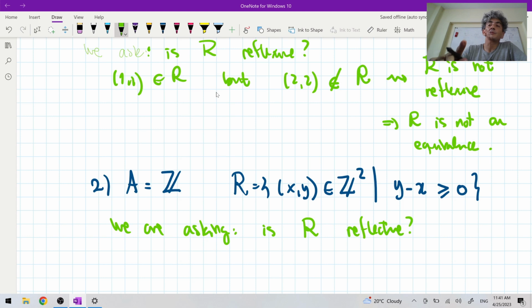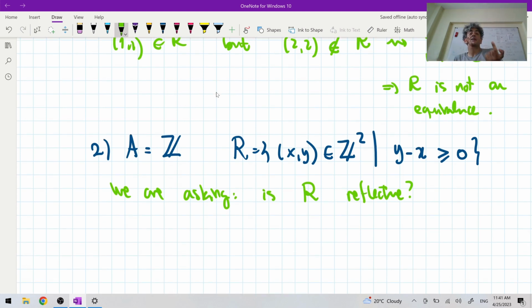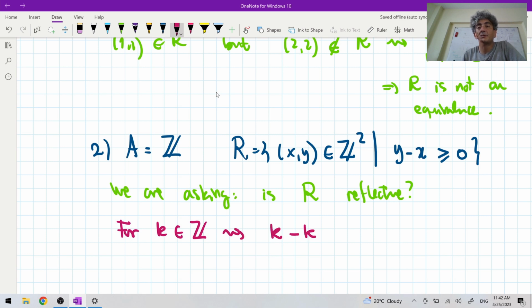Okay, so we need to check if R contains the pairs of the form k comma k for each k in Z. For k in Z, then k minus k is equal to 0, which is greater or equal to 0.